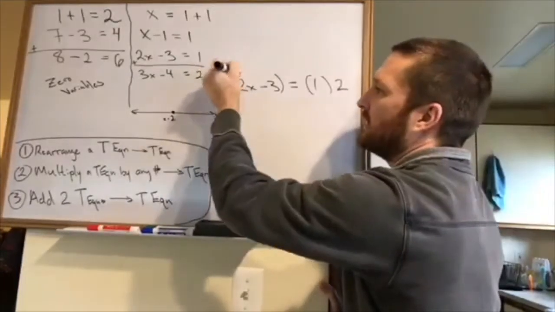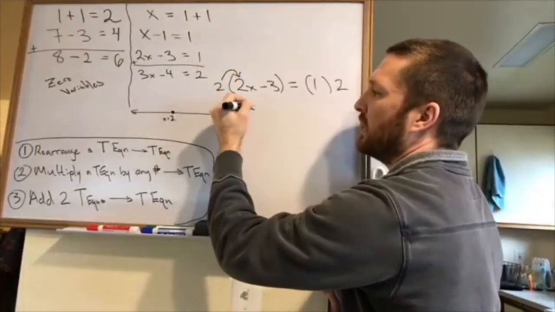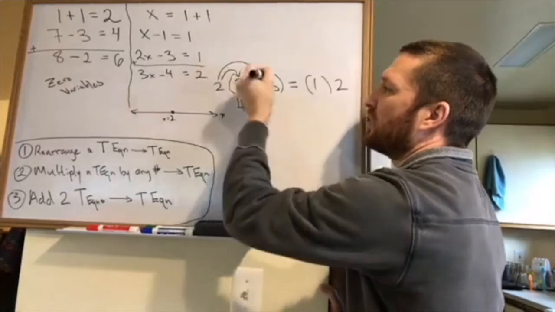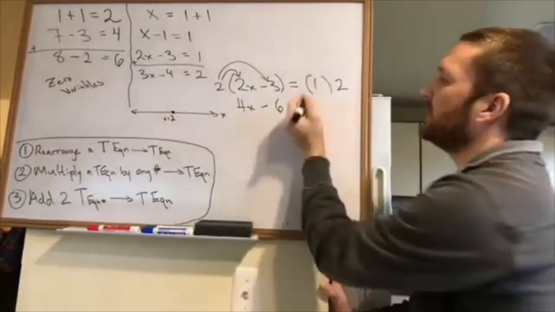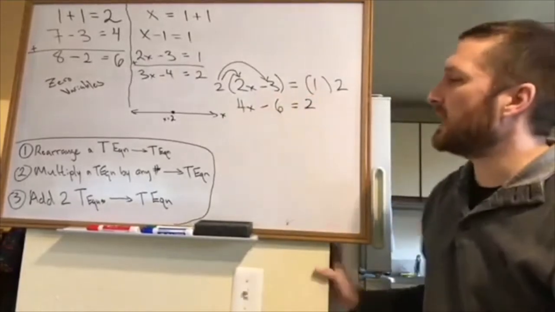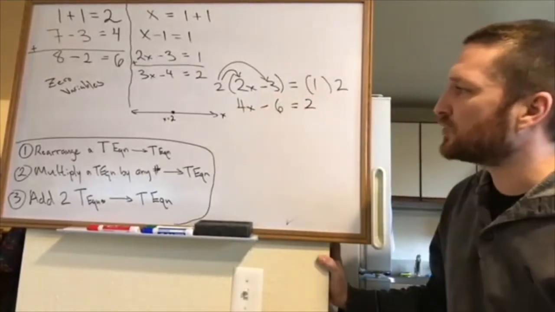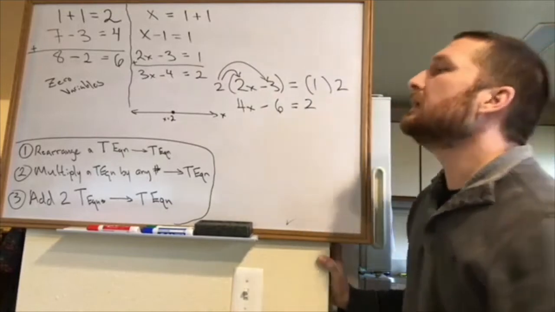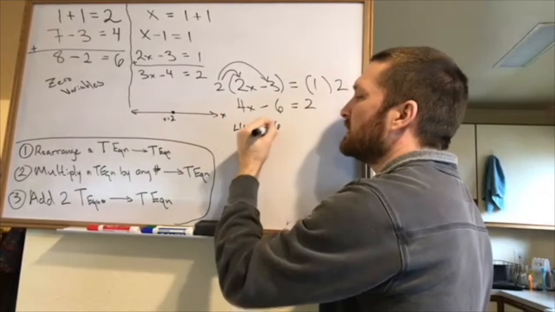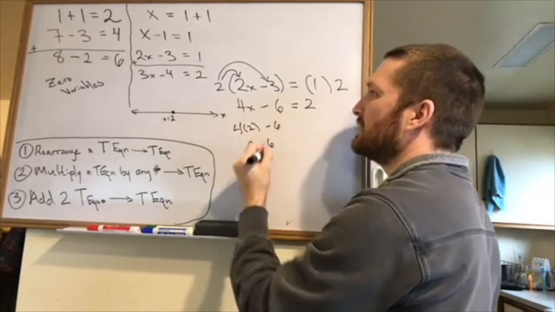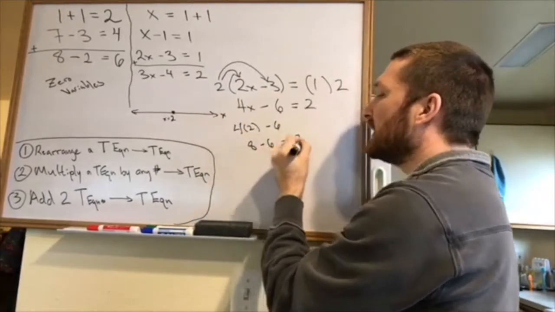And I get, let's see, I distribute this in and get 4x minus 3 times 2 is 6. And I get 2. And we could say, well, is that still true at the same place? Yeah, if I plug in a 2 for x, I get 4 times 2 minus 6. 4 times 2 is 8 minus 6. What do you know? Still equals 2.